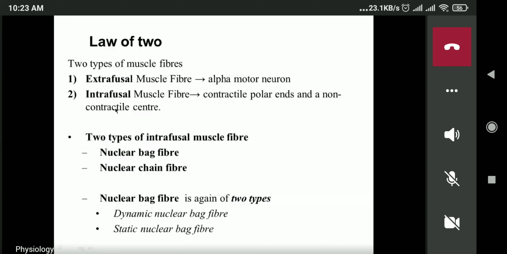Now we are thinking about the intrafusal muscle fibers, again two types: nuclear bag fiber and nuclear chain fiber. Nuclear bag fiber is also two types: dynamic nuclear bag fiber and static nuclear bag fiber. Am I clear?